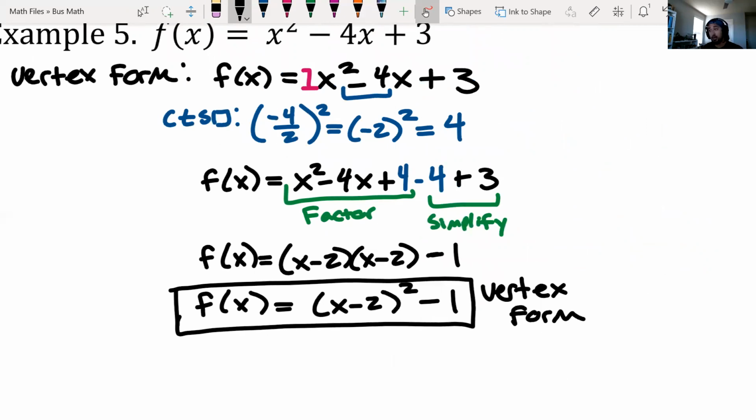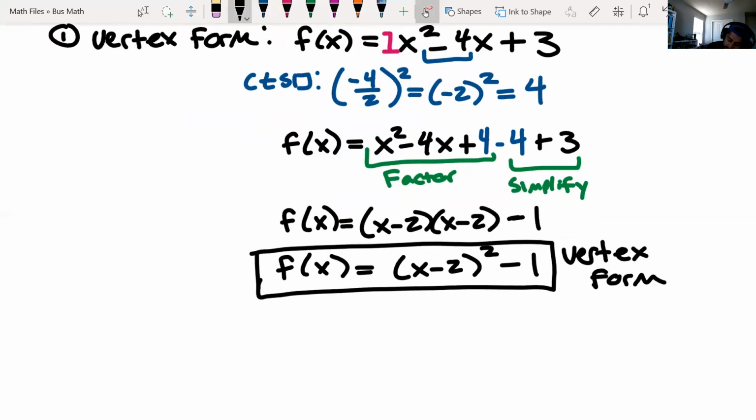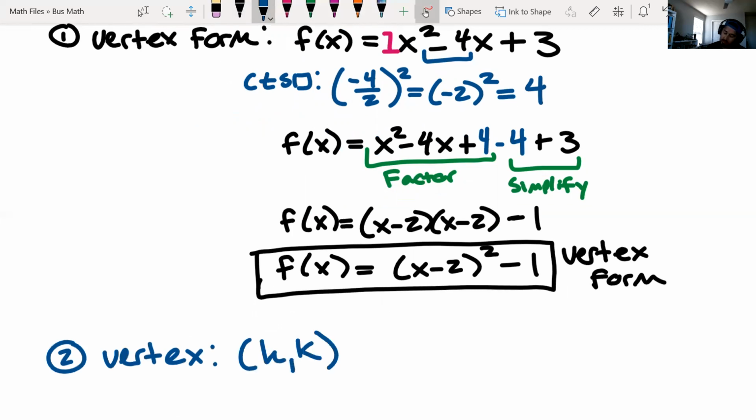Which means if you have your vertex form, you can find your vertex. So that's going to be 2. My vertex is h, k. So remember, we're looking at the form a times x minus h squared plus k. So whenever you are stating the h value, it's always the opposite sign of what's in the parentheses.